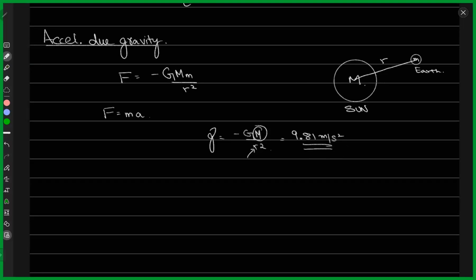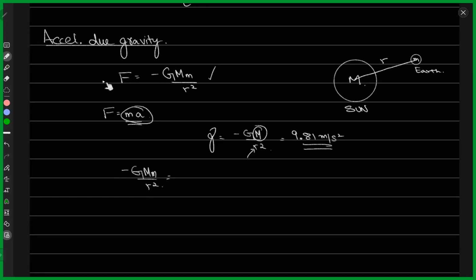One of the ways that we can come to this expression is by writing down the force of gravity, and then we'll equate it with the expression F equals ma. Once you do that, you get minus GMm by R squared is equal to this thing, right?